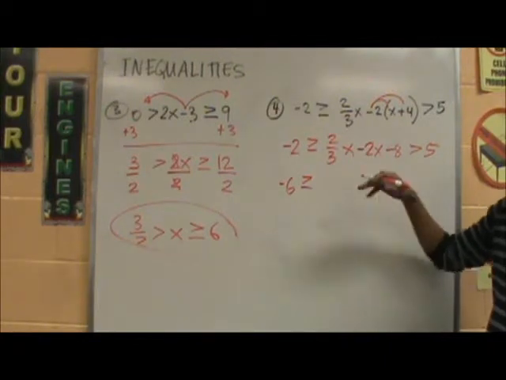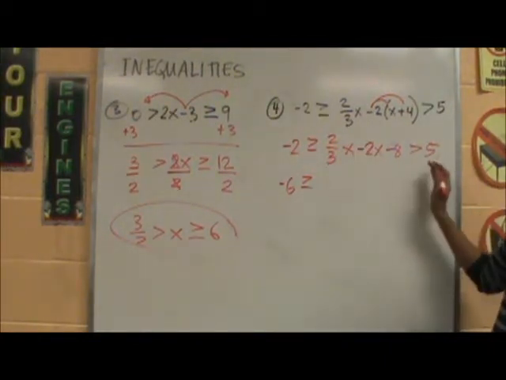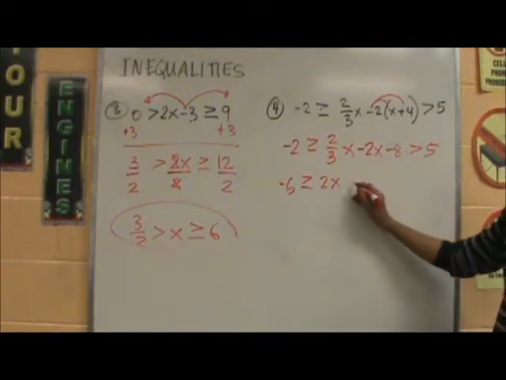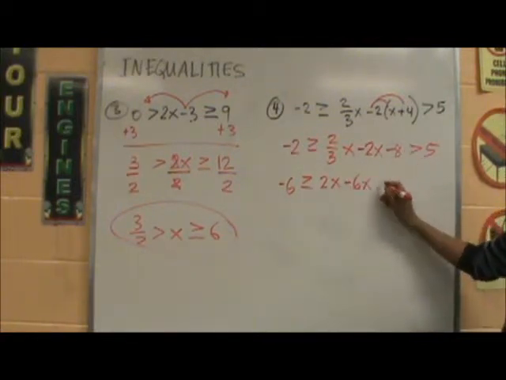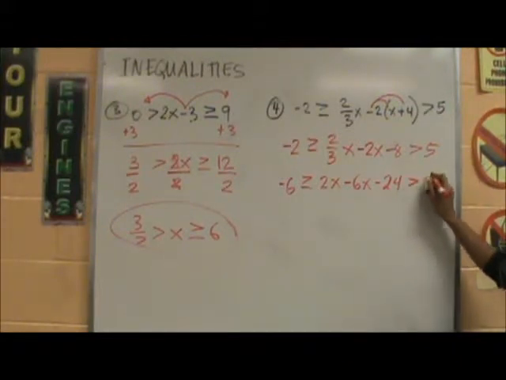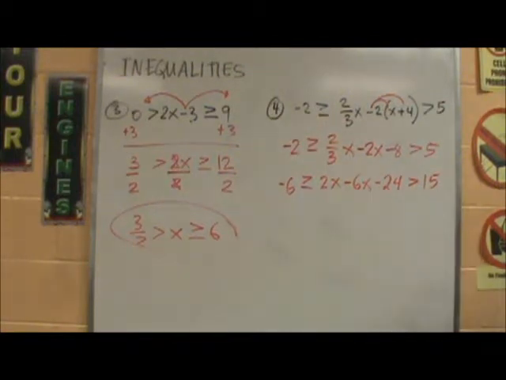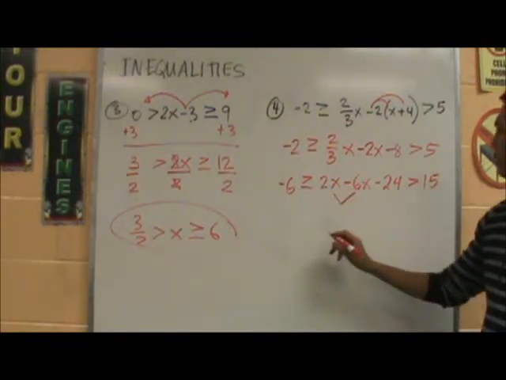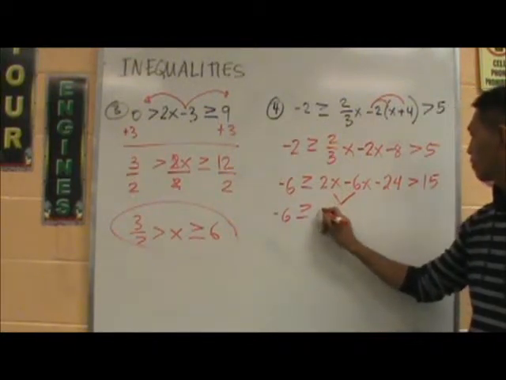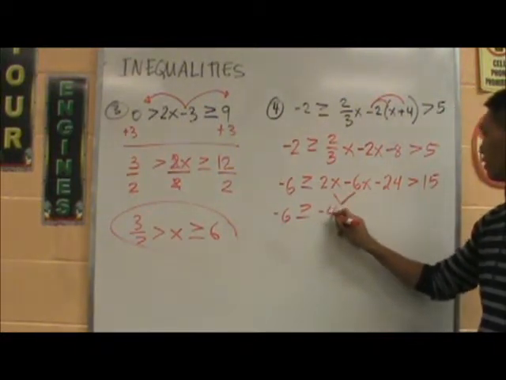The purpose of multiplying everything by 3 is to get rid of that denominator. Multiply this by 3, multiply that by 3, and multiply that by 3 as well. But I can combine those two. 2 minus 6 is negative 4x.